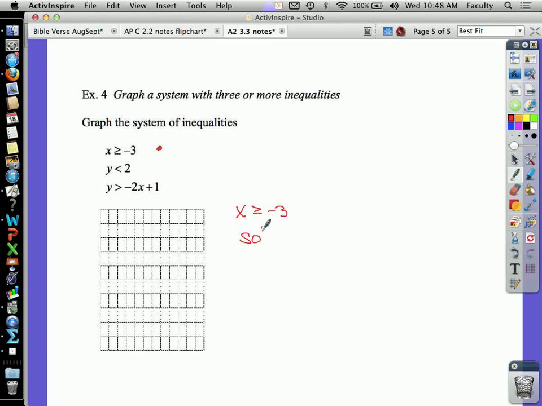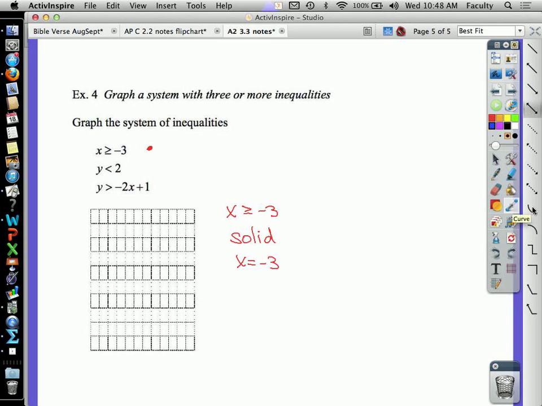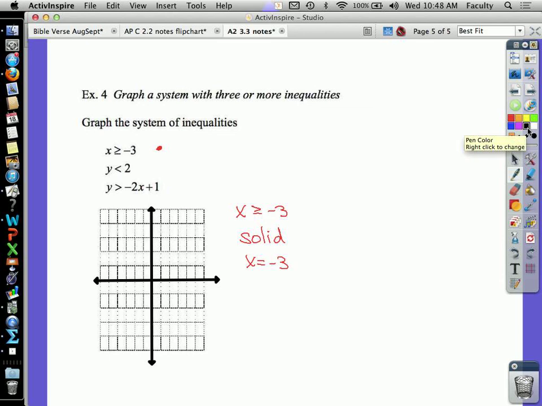This is solid. So x equals -3. I like this. This is a vertical line. So really this one is not that bad, because 2 of your lines are super easy. Don't forget to indicate your scale.